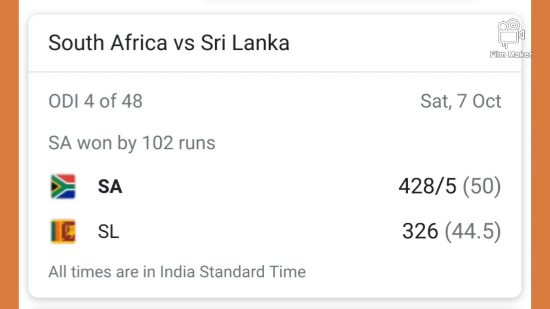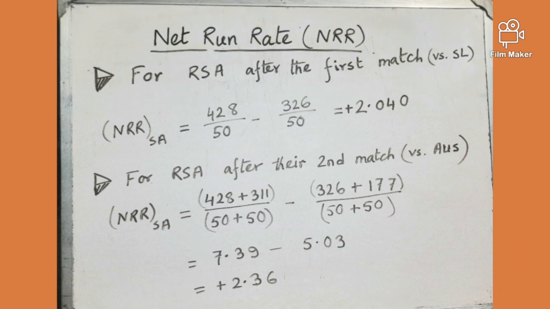And South Africa next played with Australia. Here they also beat Australia badly. South Africa scored 311 against Australia in 50 overs and bowled them out within 50 overs at a score of 177.